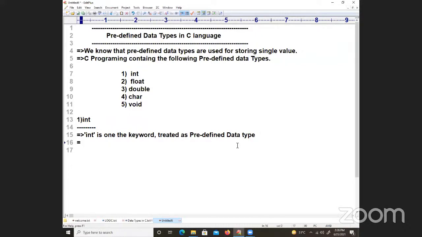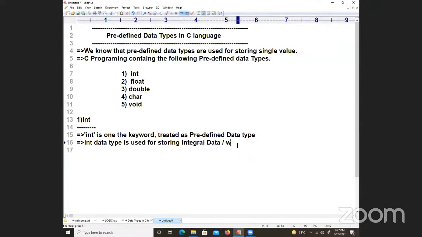Now, this memory space is allocated. How much memory space does the int data type allocate? The int data type is used for storing integral data. It is nothing but data which does not contain decimal places.